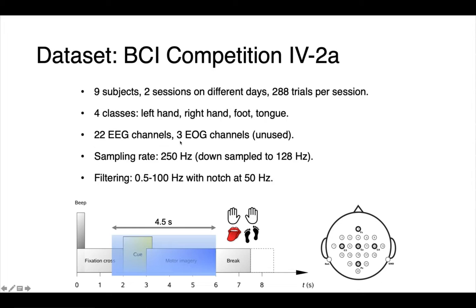They also recorded an extra 3 EOG channels. If you record extra EOG channels, usually you want to use these EOG signals to do artifact removal from the EEG data. The sampling rate is 250 hertz, and the filtering of the recording was from 0.5 to 100 hertz with a notch at 50 hertz, which is the power line frequency in Austria.